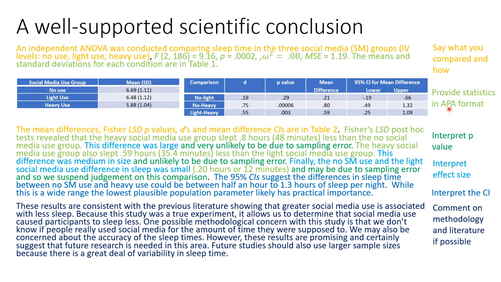Then you need to talk about the statistics and provide them in APA format, so you know that F is the symbol for ANOVA. You have two different values for the degrees of freedom. The first one is the number of groups you had minus 1, so that's 2. The next one is the number of people you had in the study minus the number of groups.